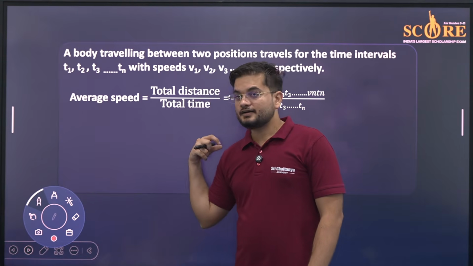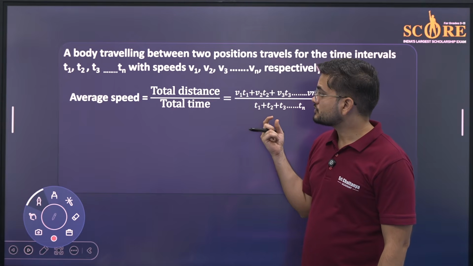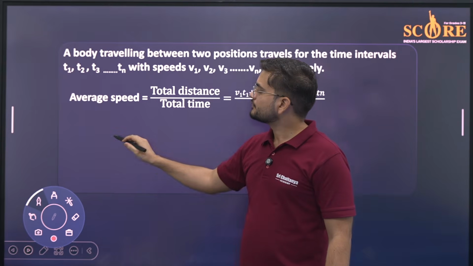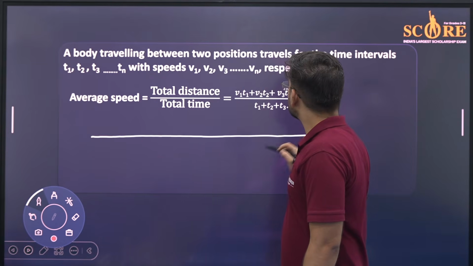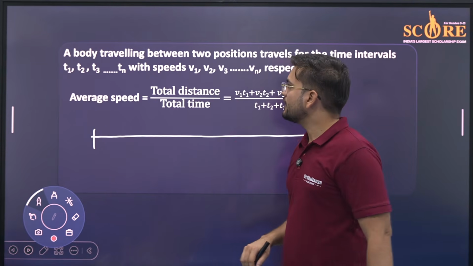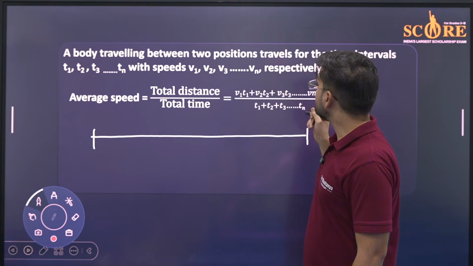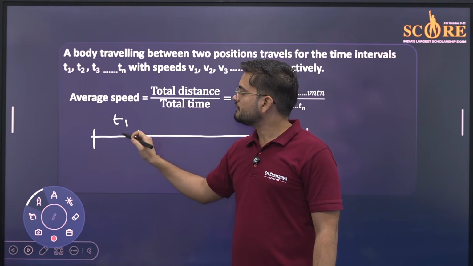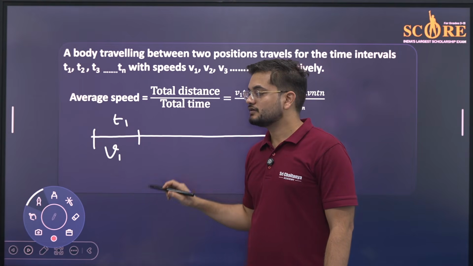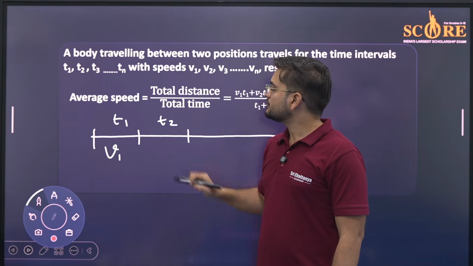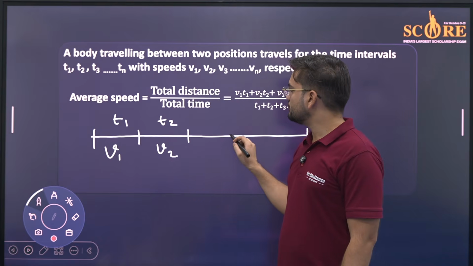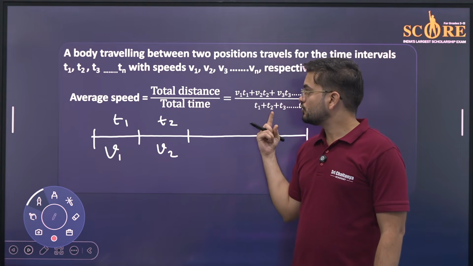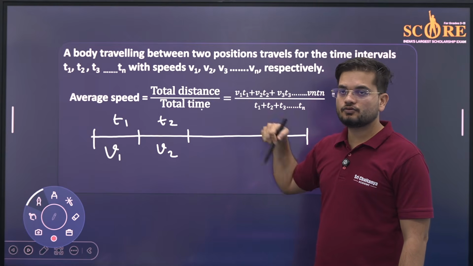Here is the next result which we should also remember. If a particle travels for t1 time with speed v1, next t2 time with speed v2 and so on, the average speed will be total distance travelled divided by total time.